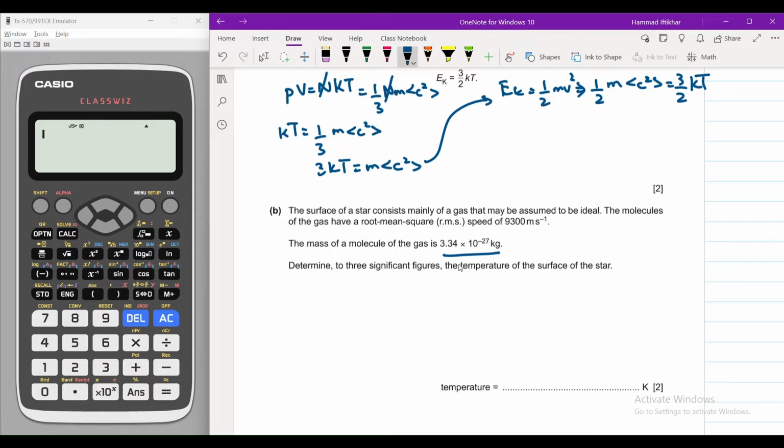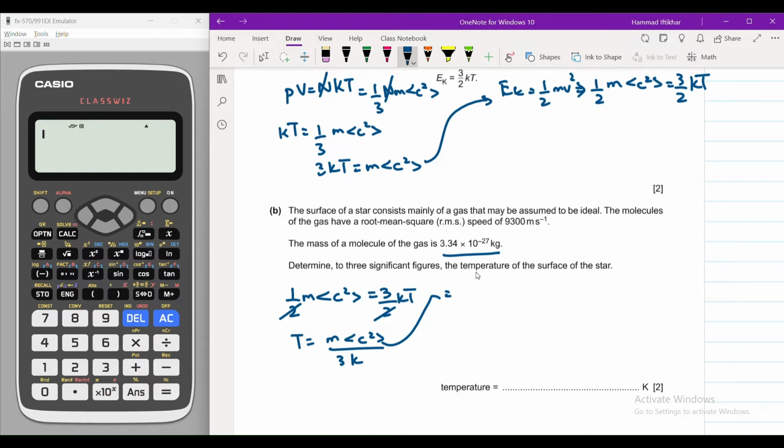So we will use the above formula over here, half mc squared is equal to 3 over 2 kT. T can be cancelled. T would simply be mc squared divided by 3k, where k is the Boltzmann constant.